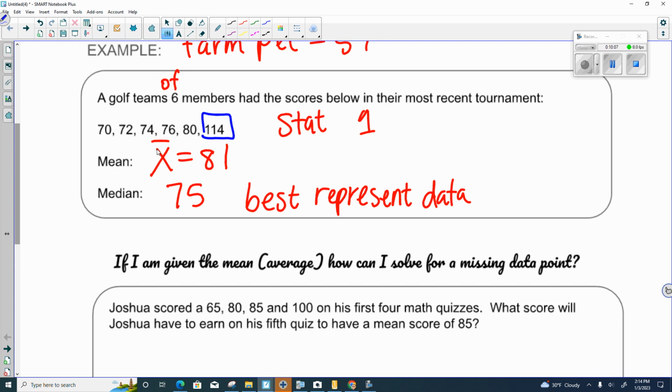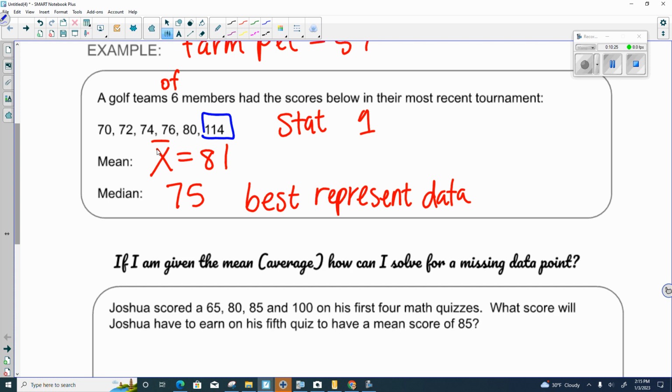That outlier, by the way, in golf, you don't want that many shots. That's almost twice as many as some of these girls. So in this one, because of the outlier, the median is the best.